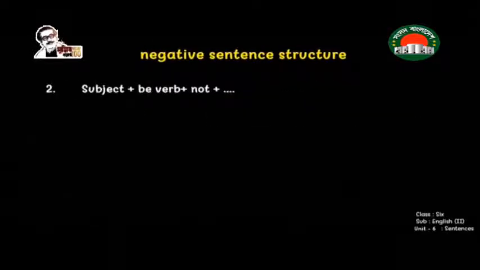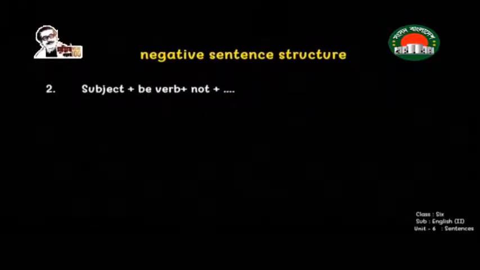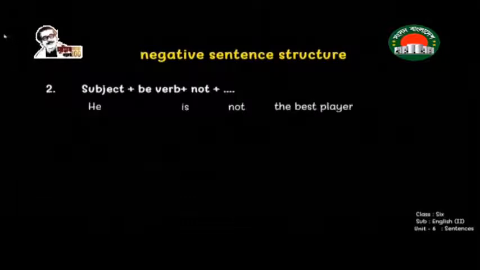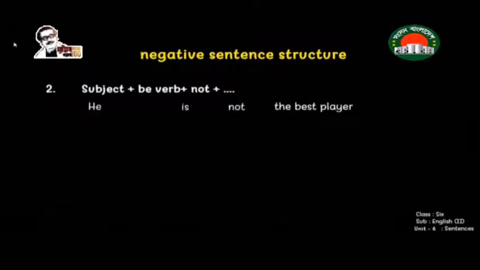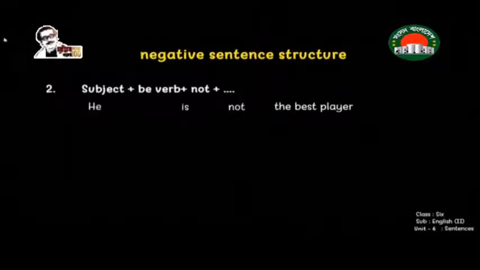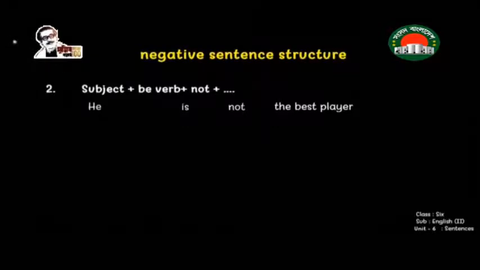See the next structure: subject, be verb, not, and then other part. So we can take the subject he, verb is, then not, the negative word, and then the rest of the part, the best player. So what is the sentence? He is not the best player.